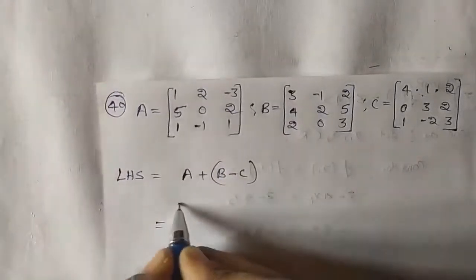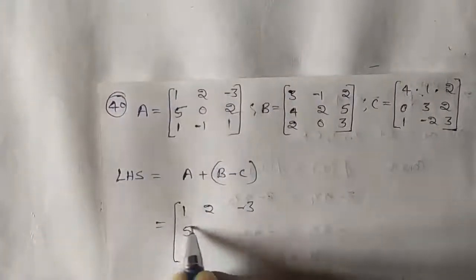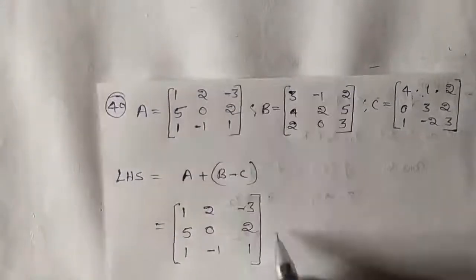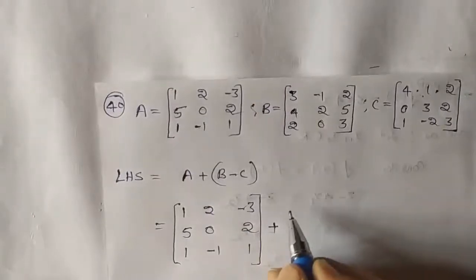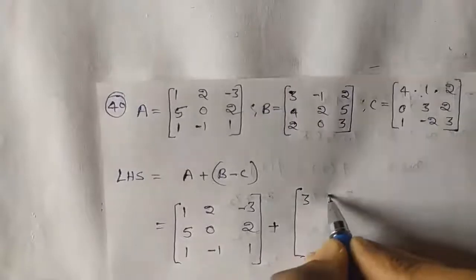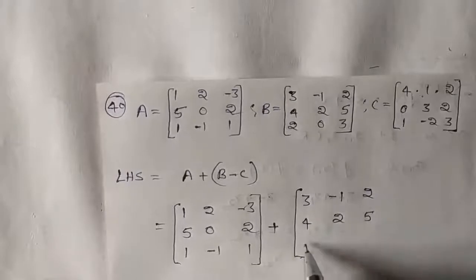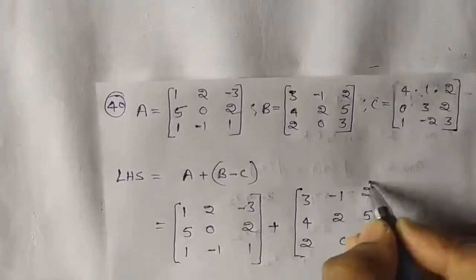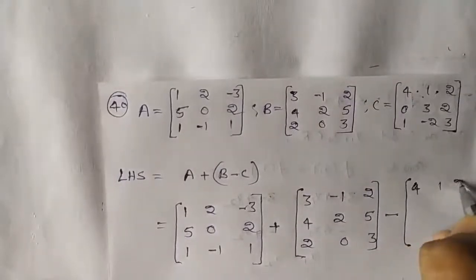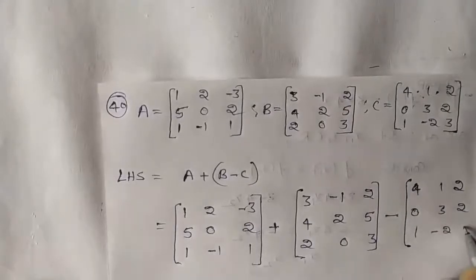A is the matrix 1 2 minus 3, 5 0 2, 1 minus 1 plus 1, plus the matrix B. Matrix B is 3 minus 1 plus 2, 4 2 5, 2 0 3, minus C: 4 1 2, 0 3 2, 1 minus 2 plus 3.